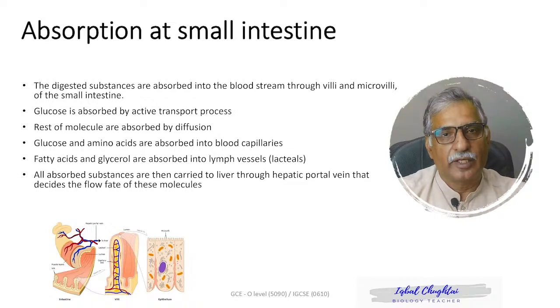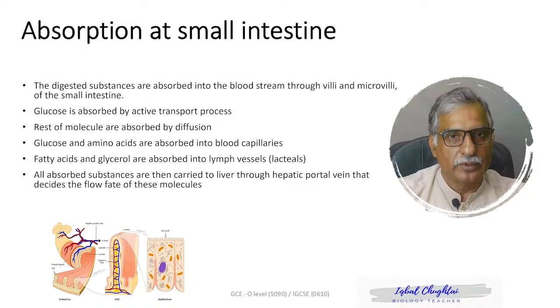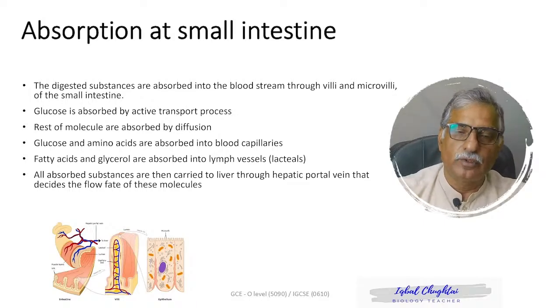Within the small intestine, it's not only the digested food that is absorbed, but maximum water reabsorption is done. Water absorption is done in the small intestine along with some minerals, particularly sodium ions, and some vitamins are also absorbed in the small intestine. And the rest of the food that is not absorbed is known as residue.